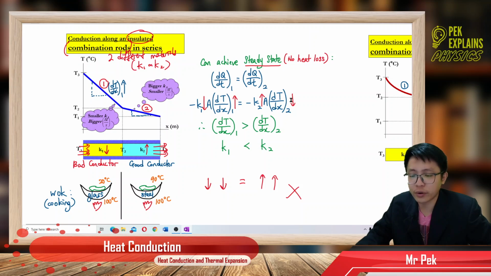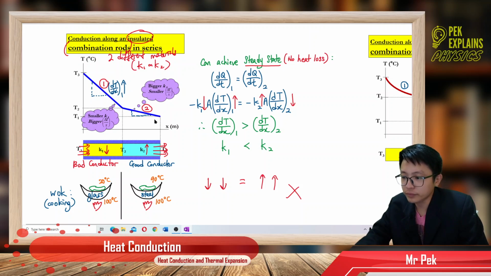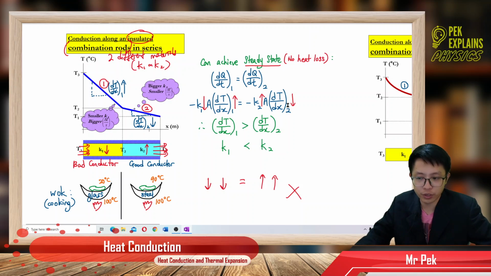So the temperature gradient must be small. So that's why the graph becomes not steep. It becomes the low gradient. So dT/dx for the second rod becomes low, to balance out the equation.